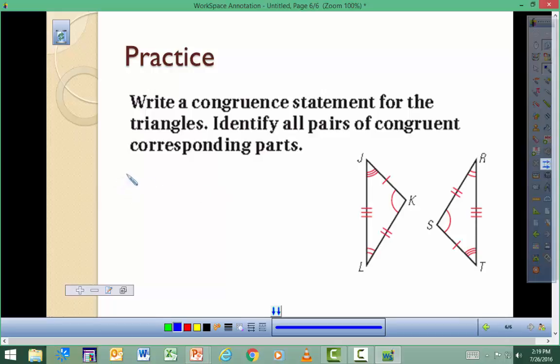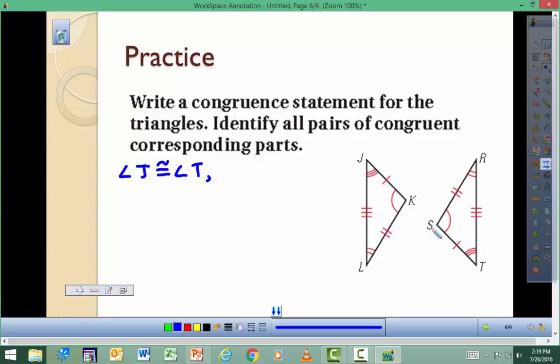Angle J, for example, matches up with what angle? Angle T. You see there are the 3 tick marks. So we would say that angle J is congruent to angle T. And we'll just separate these by commas.